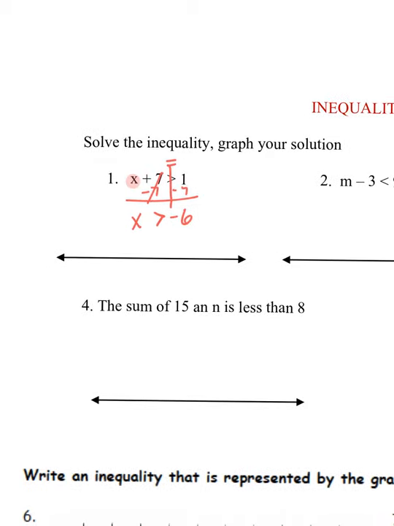So on my graph, and I didn't put numbers on these graphs, but I can just put -6 like that, and then go back in, and it's greater than, so it would look like that, and go to the right. X is greater than -6.